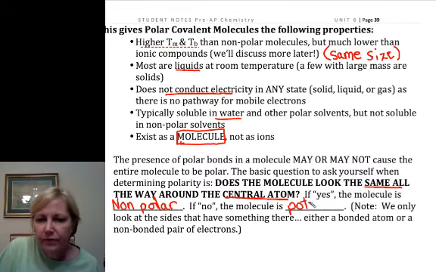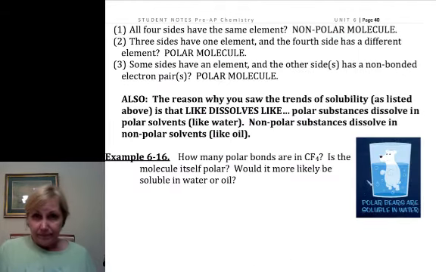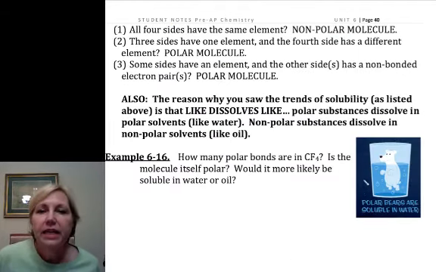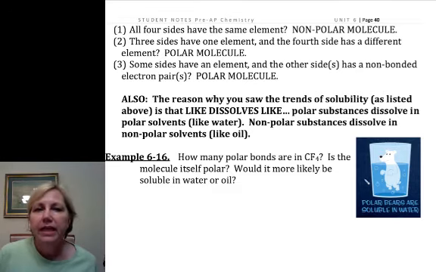Okay, so that's kind of a summary statement, even though I can't write. Okay. Now, 3 sides have one element and the fourth is different. It's polar. So all 4 sides the same, it's nonpolar. 3 the same, 1 different, 2 the same, 1 different, it's polar.